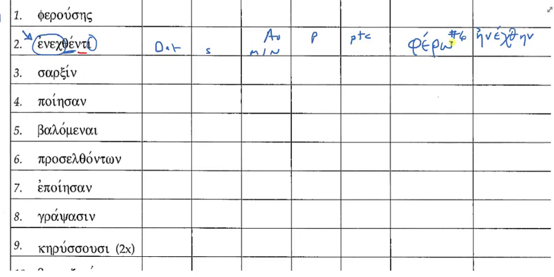I'm pretty sure if you go back to that part of the chapter, let's see, where was second aorist? That was 22, I think.